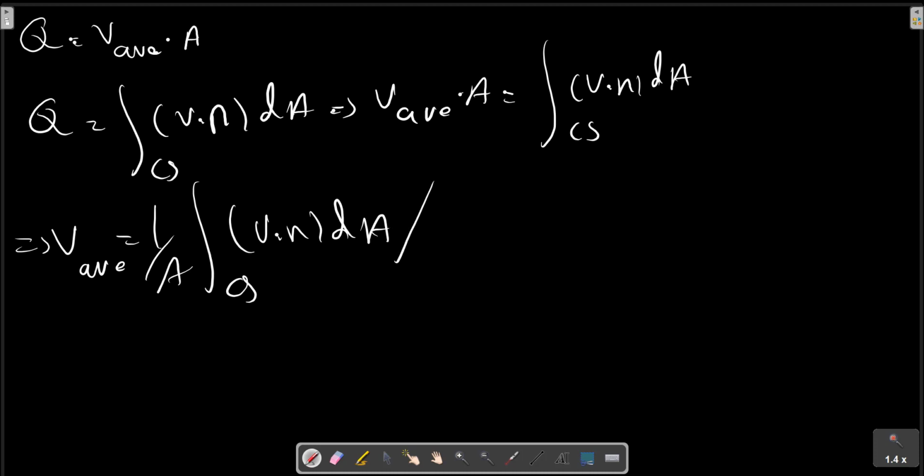This could be called the volume average velocity.